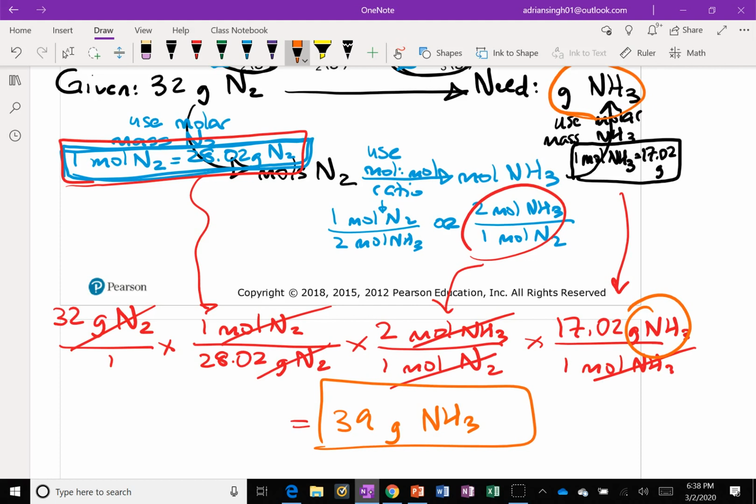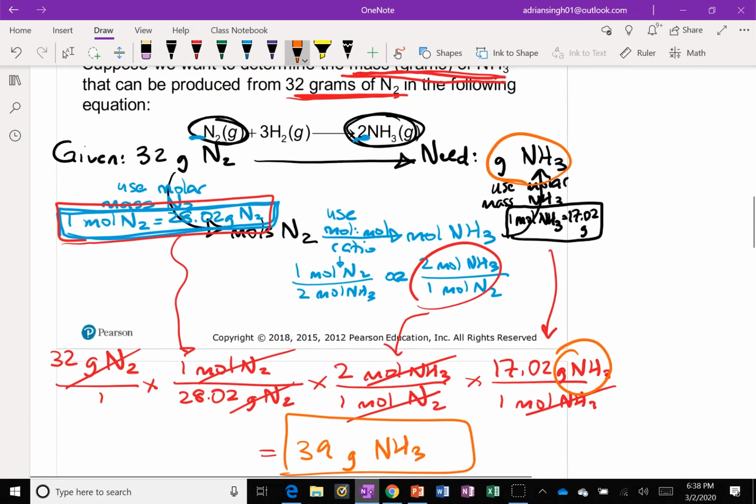So, in this particular problem, we were given grams of a reactant, N2, and based on our stoichiometry, or just based on the balanced equation, we were able to figure out how many grams of the product, the ammonia, that we could actually make. If everything worked out perfectly and we started with 32 grams of N2, we should be able to make 39 grams of ammonia. This is extremely important when this is done on a huge, commercial scale.